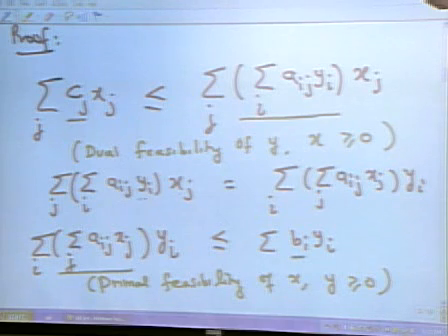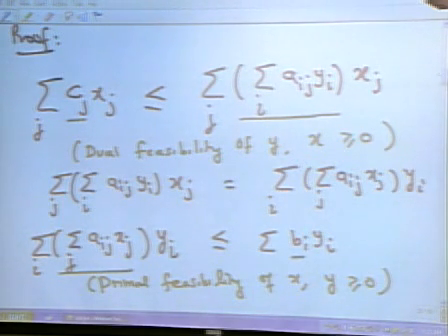The next equality is just rewriting this term in a slightly different way, which is useful for the remaining inequality that we want to derive. And symmetric to this, we have an inequality that says that this quantity is at most the dual objective value. There you make use of the primal feasibility of x and y being non-negative. So it's a simple proof involving 3 steps that establishes what's called the weak duality theorem.